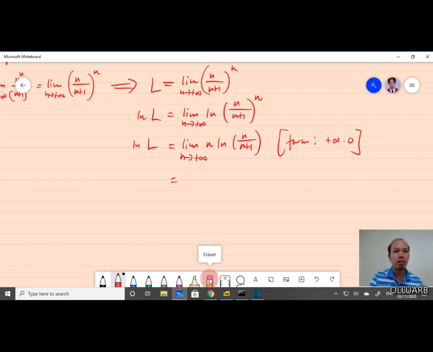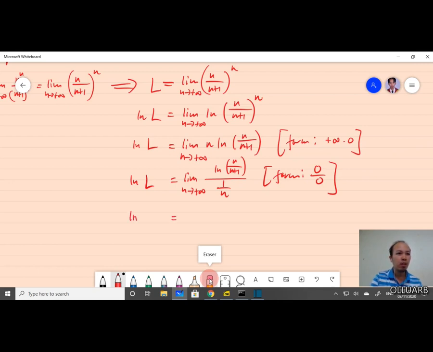So let's convert this to 0 over 0. This will become ln of n over n plus 1 over 1 over n as n approaches positive infinity. Clearly this form here is 0 over 0, so we can use L'Hopital's rule.